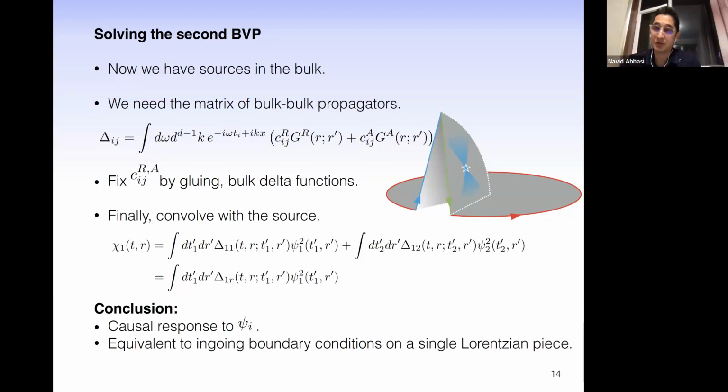Do you confirm that the three independent correlators are causal correlators or not? But they should be, no? I'm not sure.